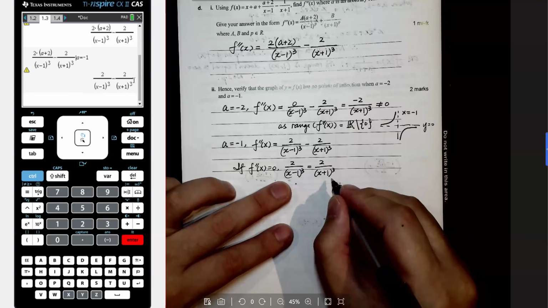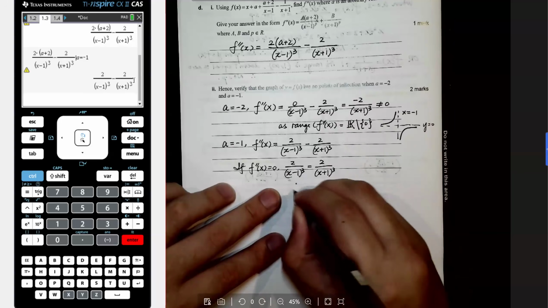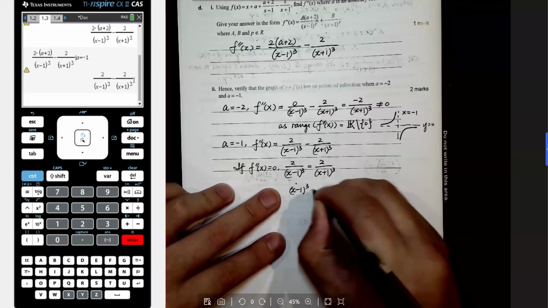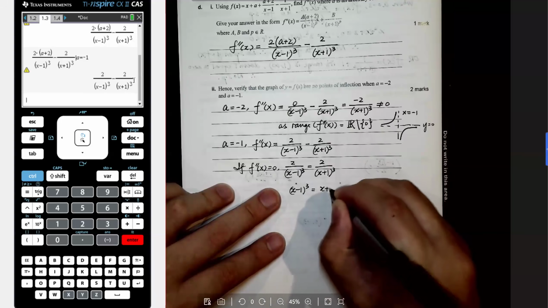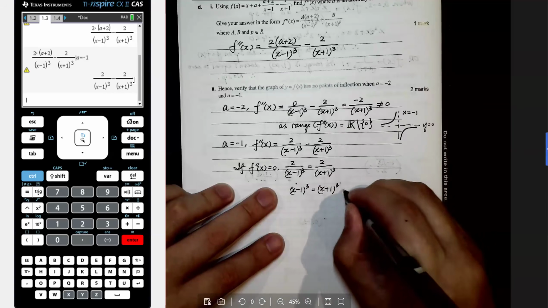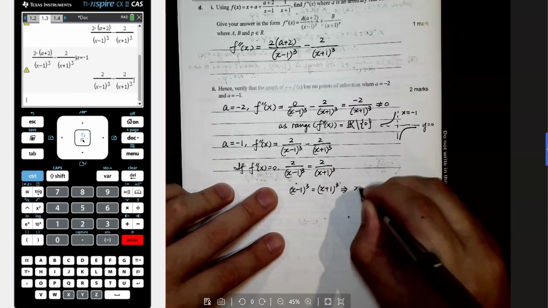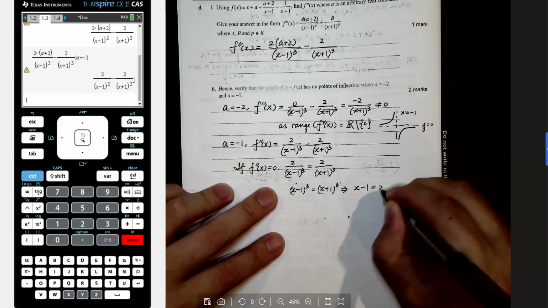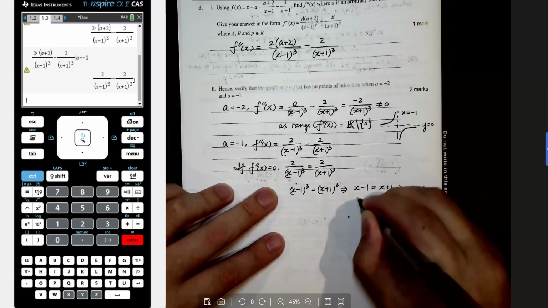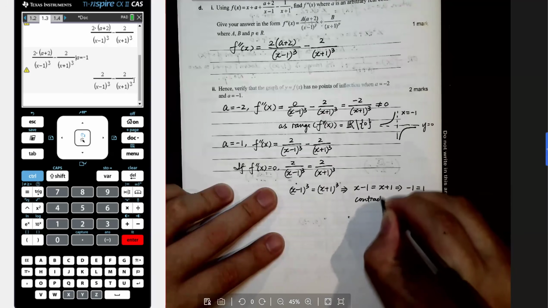Eventually you'll get something like (x minus 1) to the power 3 equals (x plus 1) to the power 3. And then taking the cube root of both sides, you get x minus 1 equals x plus 1. Then you get minus 1 equals 1, which is a contradiction.